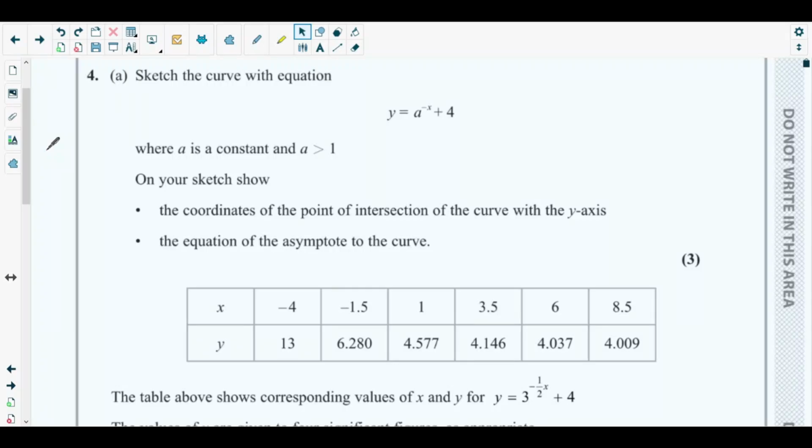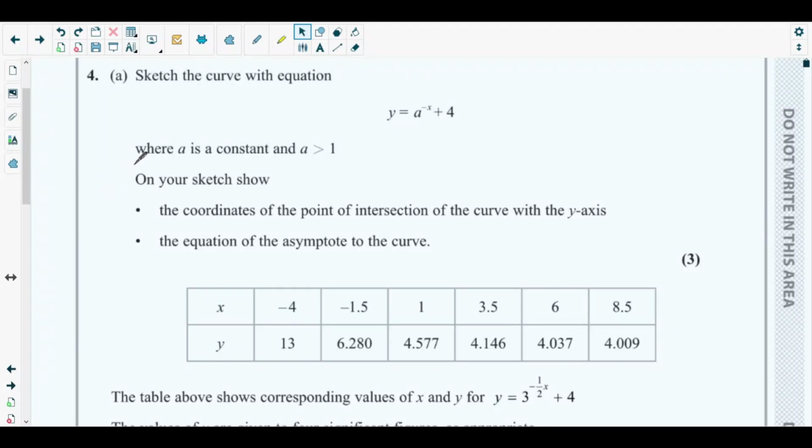In the later parts B and C, we will be dealing with integration by Trapezium rule, which is discussed in the last chapter of your P2 textbook, chapter number 8, integration.